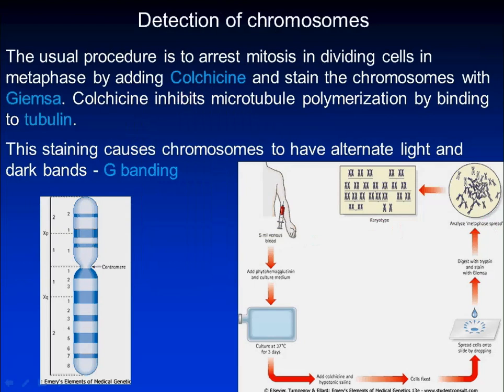To stain chromosomes, a dye called Giemsa is used. The staining causes chromosomes to have alternate light and dark bands, and this pattern is called G-banding.